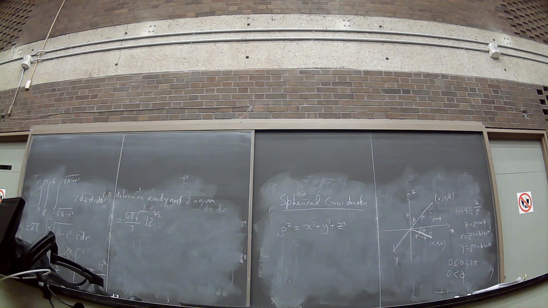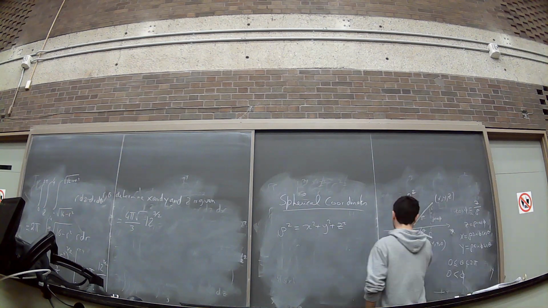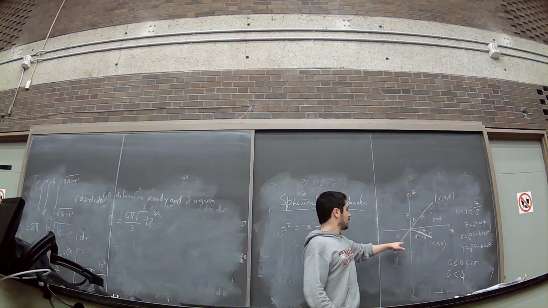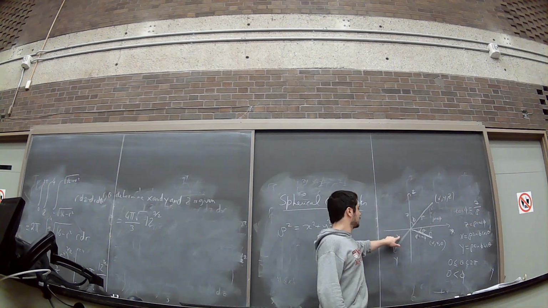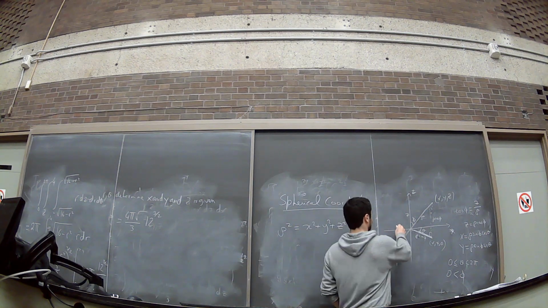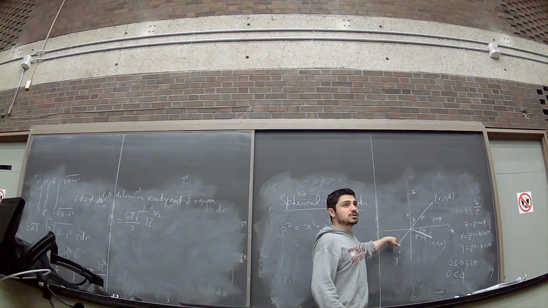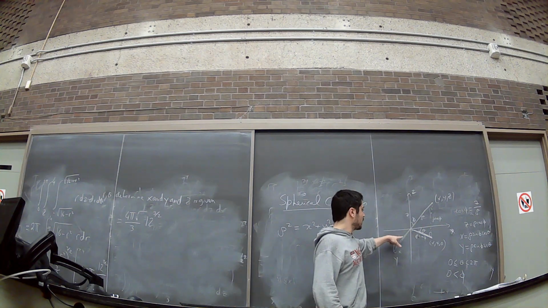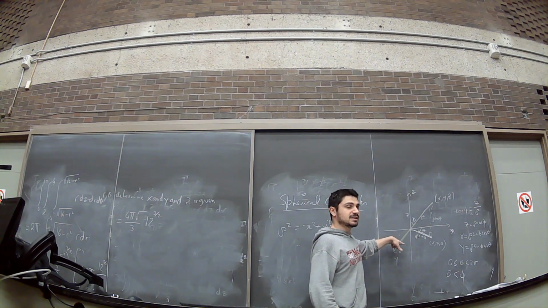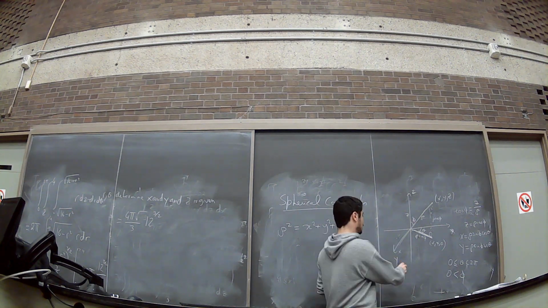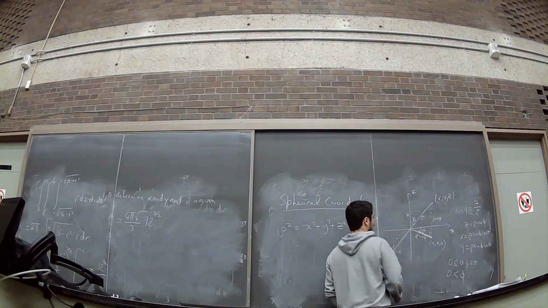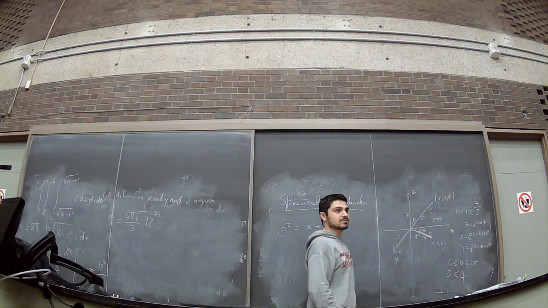Say you want a point here, right? You want a point down here. Okay? Can you pick its projection in the z equals 0 plane? You can project it, right? You agree with this?